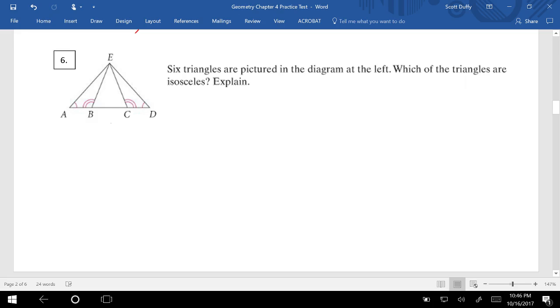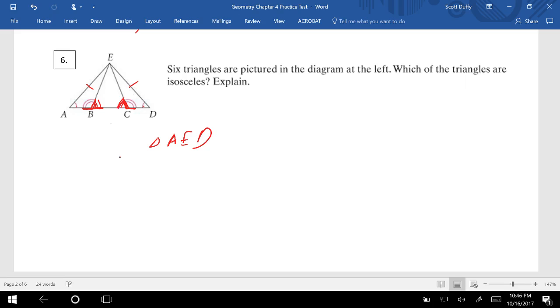So, if this angle is congruent to this angle, then I know that this side is equal to this side. So right away, that would encompass triangle AED, the big triangle. Now, if this angle equals this angle, then these two angles would be equal because they are the congruent supplements to these angles with a double mark.